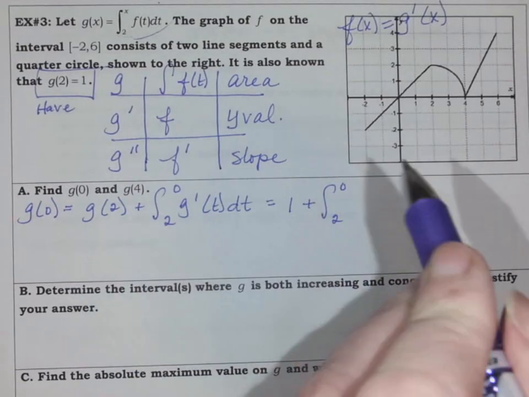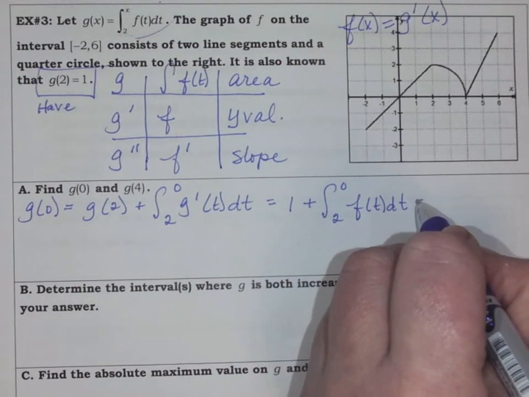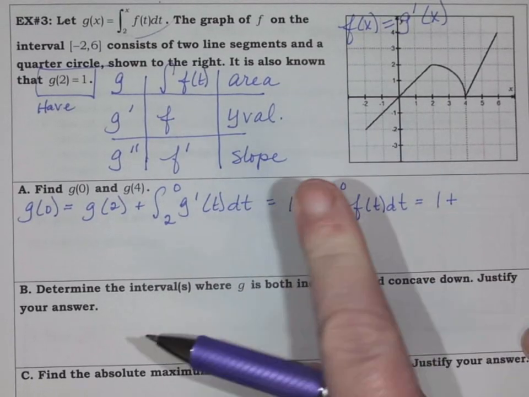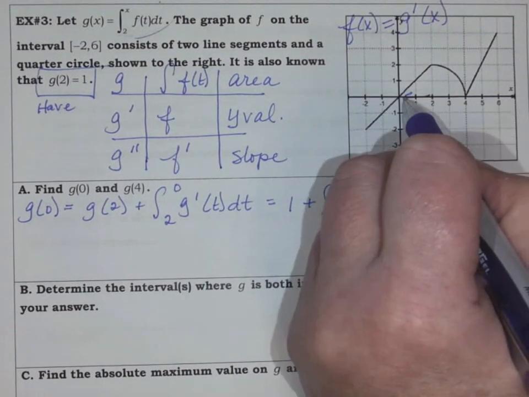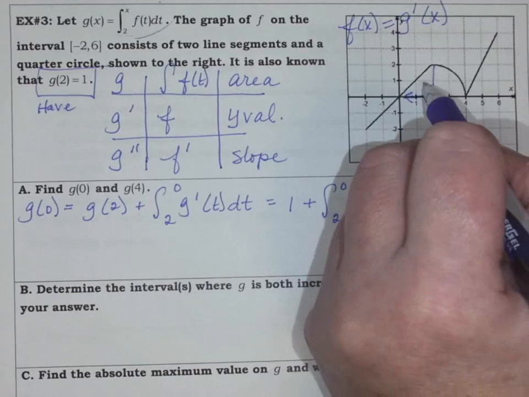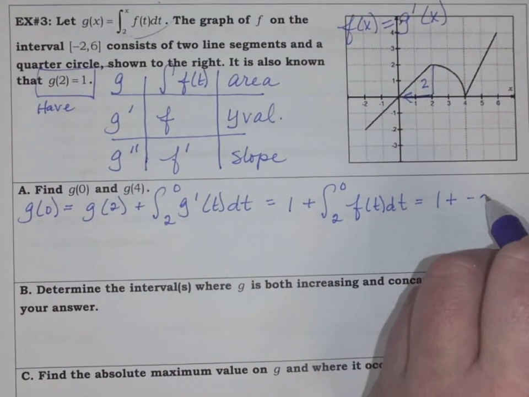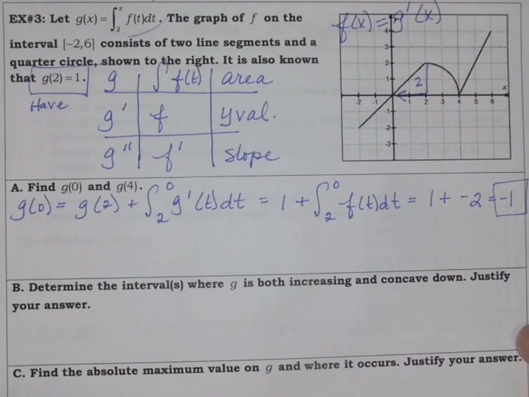Well, g prime is the same thing as f. So now we're looking at 1 plus the area from 2 to 0. So from 2 to 0, we're going backwards, and our area value is going to be 2, but it's going to be negative since we're going backwards, so our y value is negative 1.